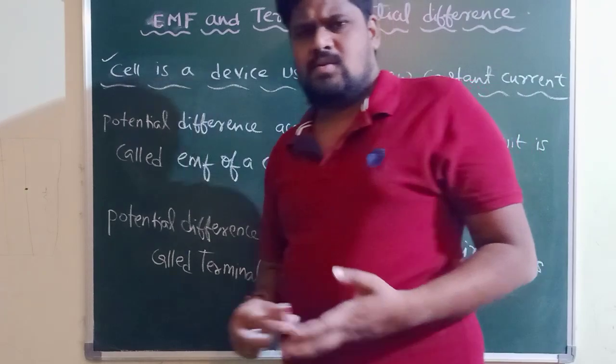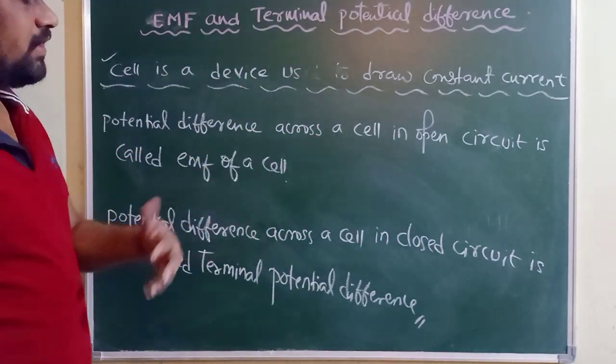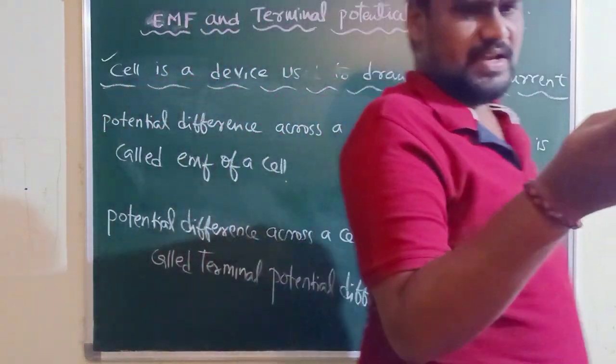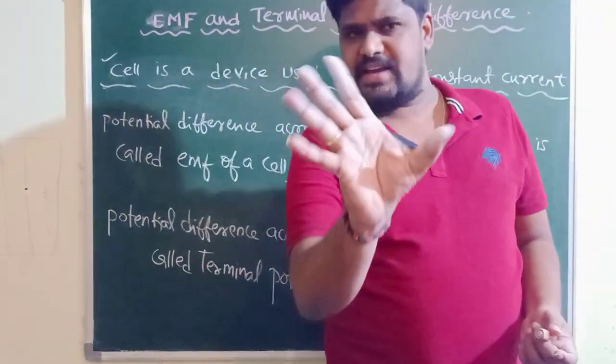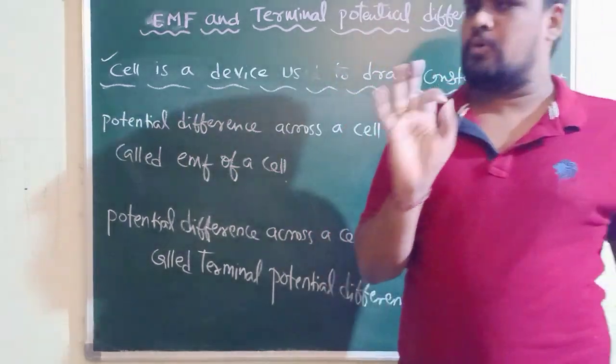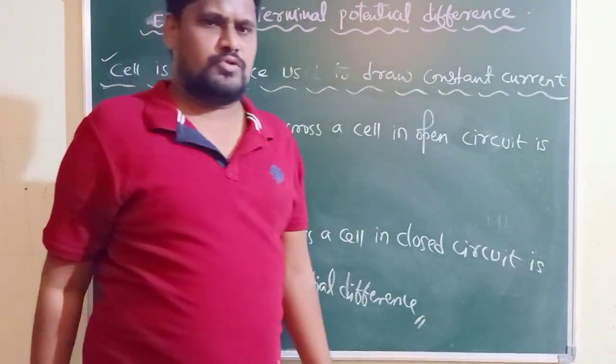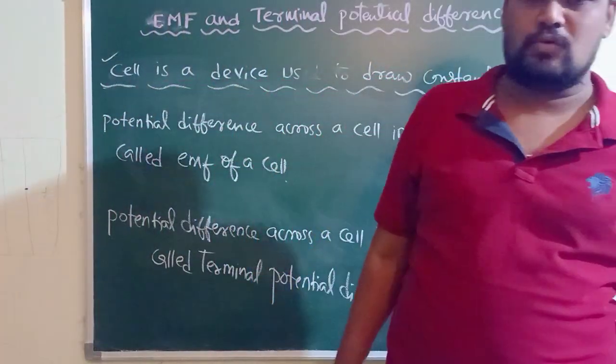I will let you know the difference between EMF and terminal potential difference in a very simple way. Take a cell. The device used to measure potential difference is called a voltmeter.